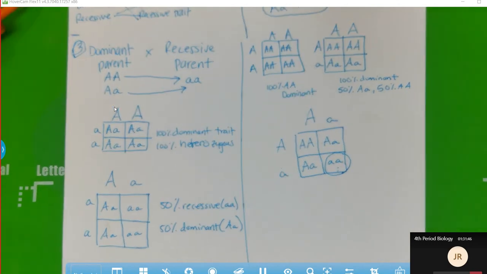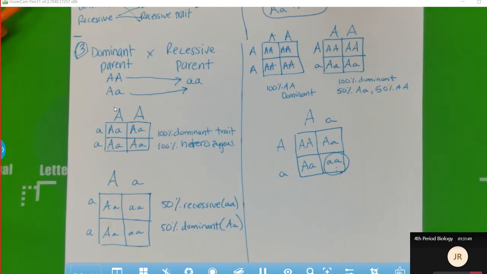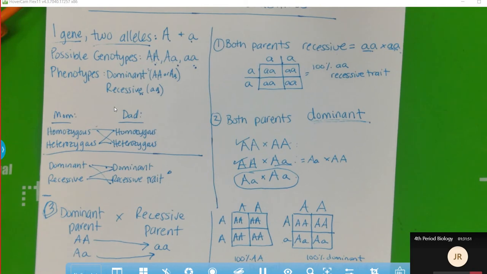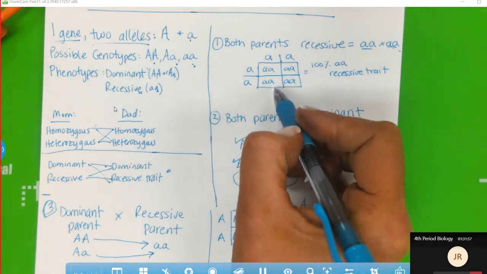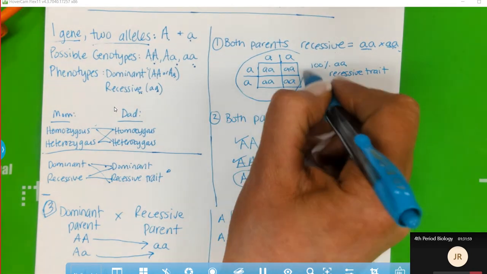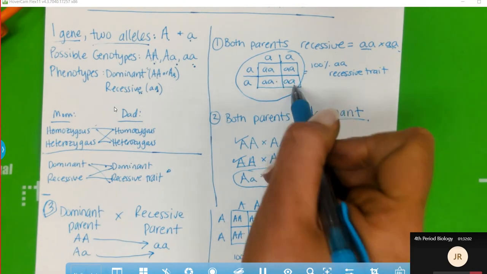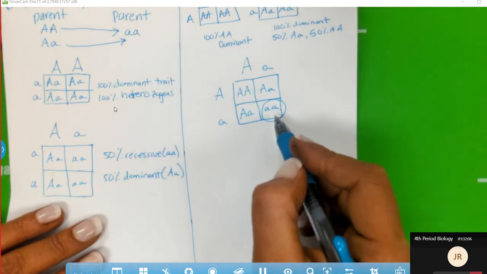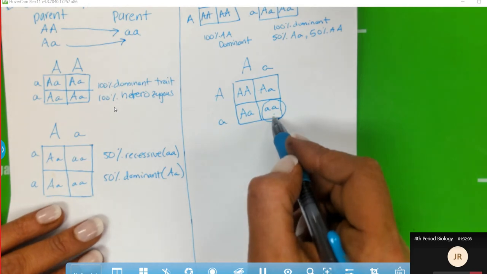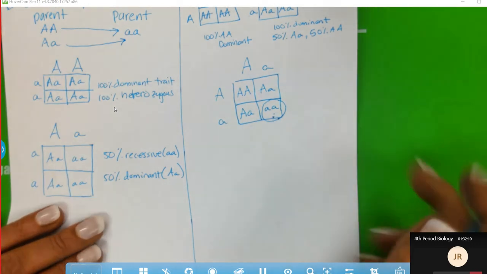So this is every single Punnett square that is possible. The only possible ways to have a child that shows the recessive trait: either both parents are recessive, and all the children are recessive. If both parents are heterozygous, you have a 1 in 4 chance of getting a child that shows the recessive trait.